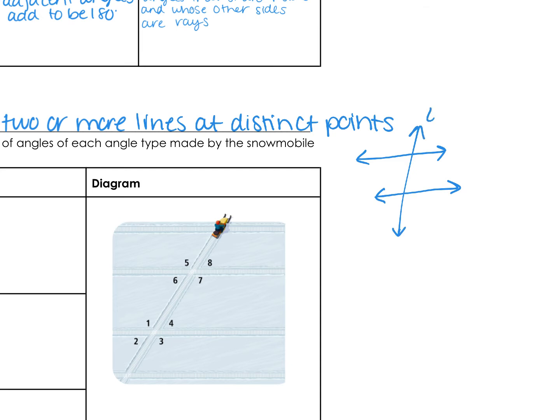We'll denote it with T or some other letter. It intersects two or more lines at distinct points. So here's one point, here's another point. Distinct just means different and not alike. That's the easiest way.